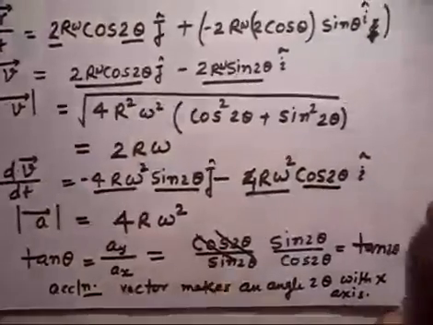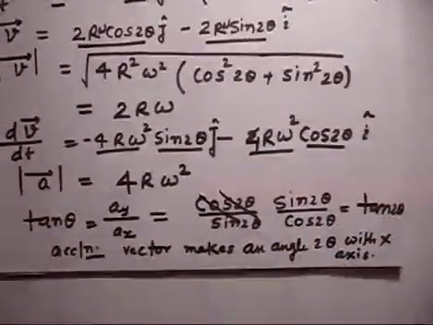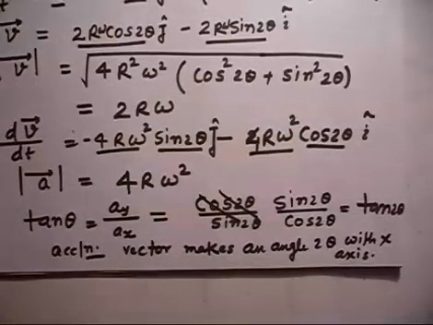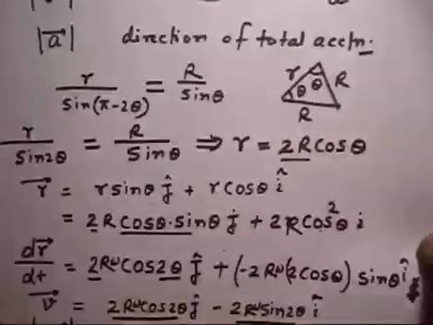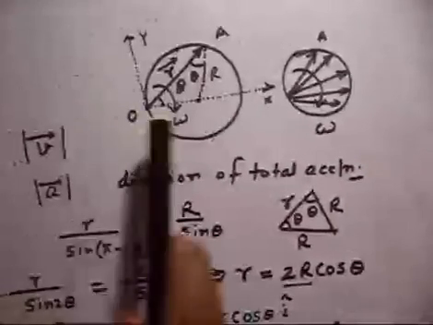Are you getting it or not? This part is important, you can see clearly. What are the important points in this case? We have learned how to write the radius vector. In this case we have discussed how to write down the radius vector. For that we have already set up the x-axis and y-axis.